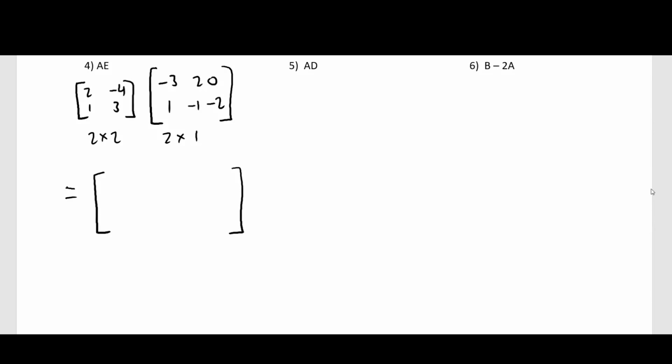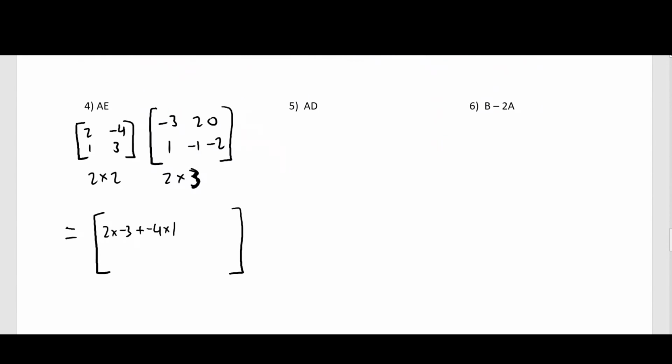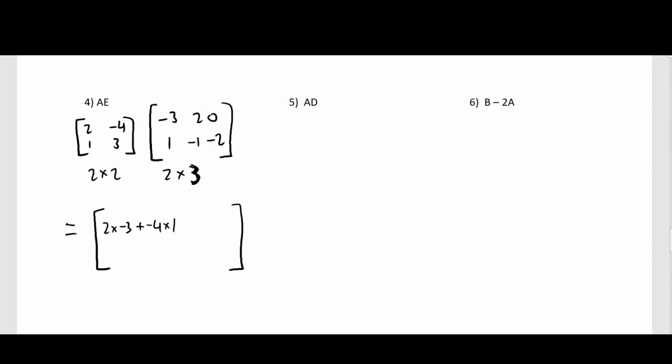So it's going to be 2 times -3 plus -4 times... 2 rows, 3 columns. My mistake. 2 rows, 3 columns. Yeah. So we'll be left with a 2 by 3. Okay, 2 rows, 3 columns. So I might need to make that bit bigger. So next we've got 2 times 2 plus -4 times -1.